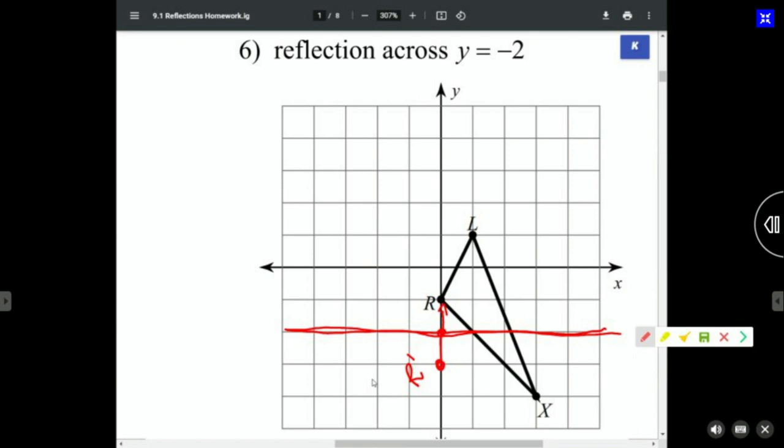From this line, we're not talking about X and Y anymore. L has to go up how many? So in reflection, L prime has to go down 3. X down 2.